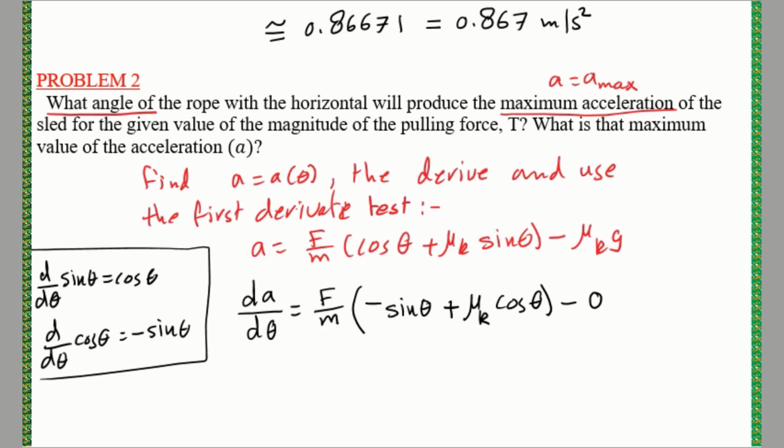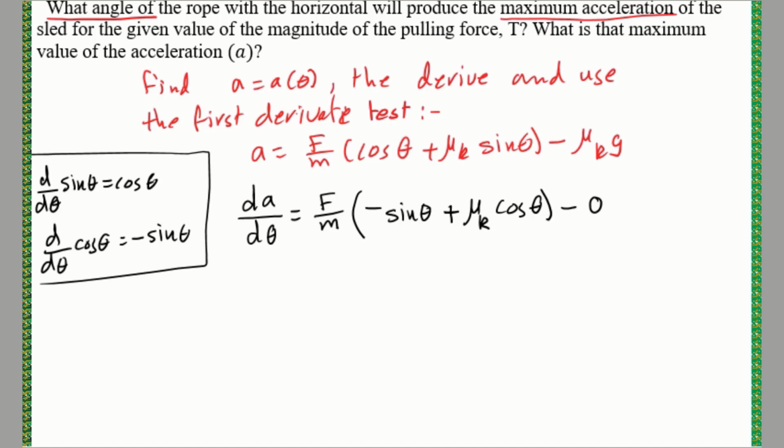Now we found our derivative of the acceleration with respect to theta. Now to maximize the acceleration, put this derivative equal to 0. This is the procedure named as first derivative test, as we mentioned earlier.